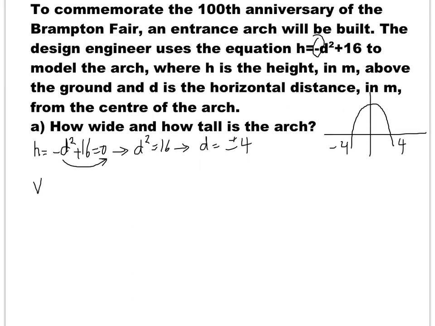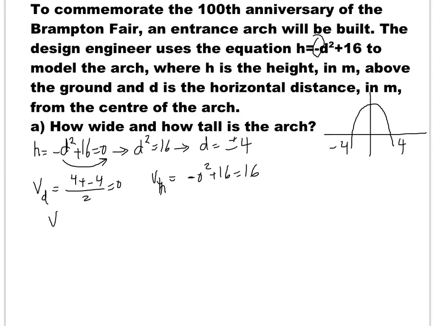Now to find the x coordinate of the vertex, or d coordinate, here d represents x, it is 4 plus negative 4 divided by 2, which is 0, and the y coordinate, which is the h coordinate, is negative 0 squared plus 16, which is 16.